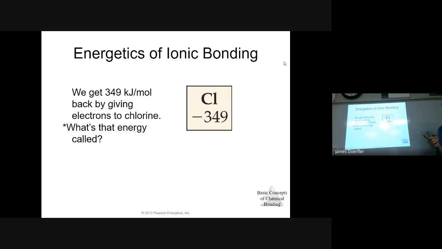We look at other ways. Okay, if we look at chlorine. First we saw sodium in the last slide, now we're looking at chlorine. When we give chlorine atoms an electron so that they can have an octet, we actually get back 349 kilojoules per mole of energy, because when atoms receive electrons, it's an exothermic reaction. That's why the values are negative. Remember what that energy is called.